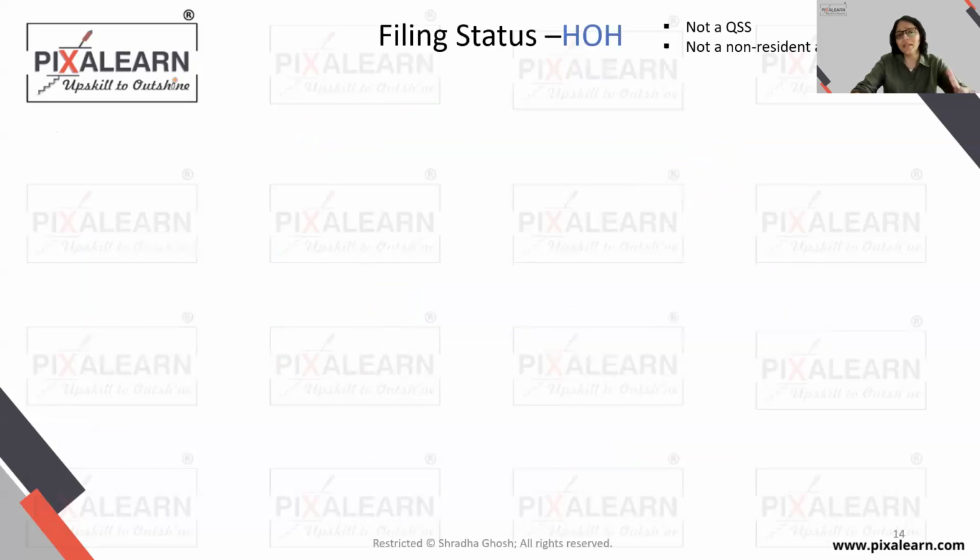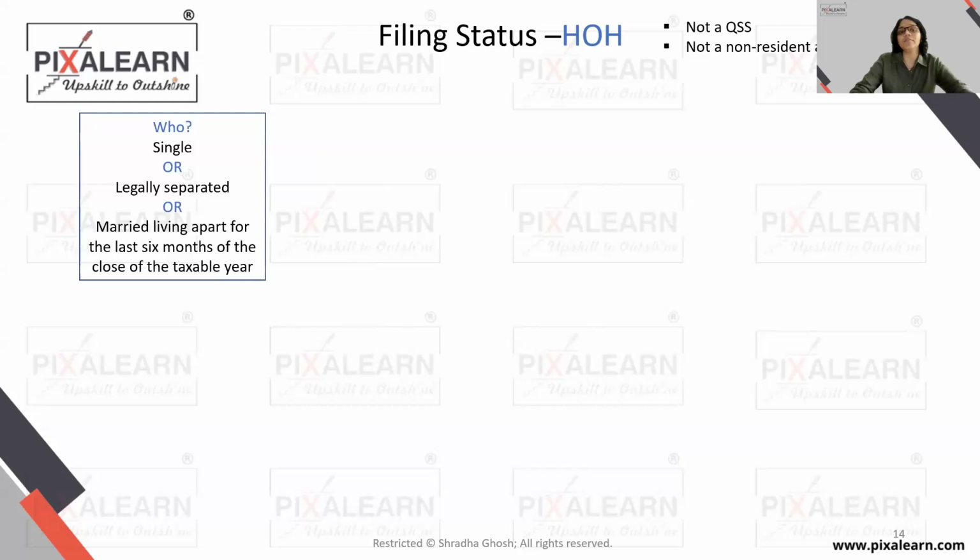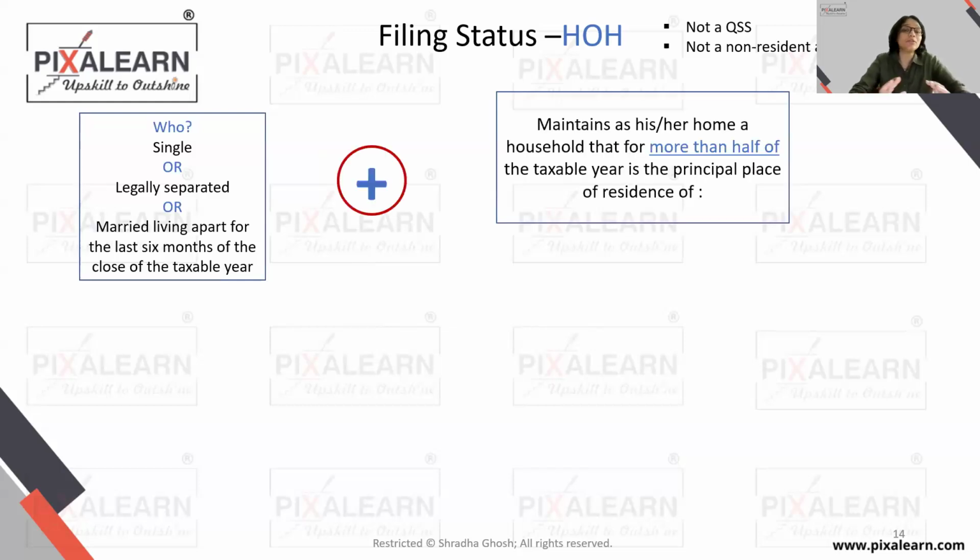So we've done single, we've done married filing jointly, we've done married filing separately, and we've done qualifying surviving spouse. What is left now is HOH. Who's a head of household? Generally, imagine somebody who's single, so that person is not a qualifying surviving spouse. It's either you're single, or you're legally separated, or you're in the process of being legally separated, and for more than half of the year.